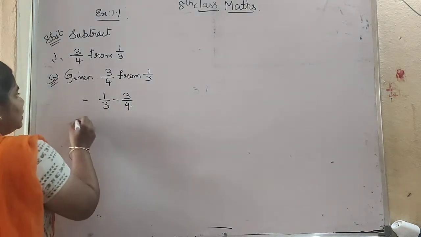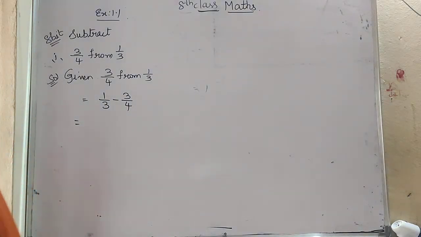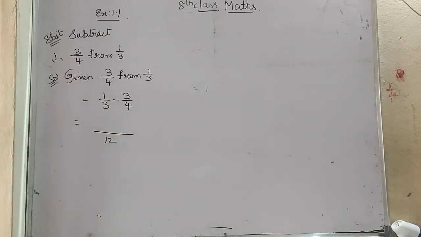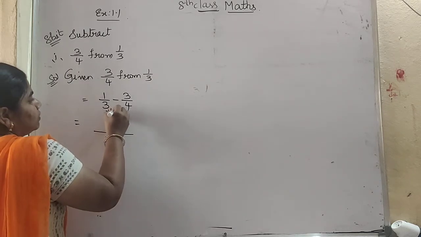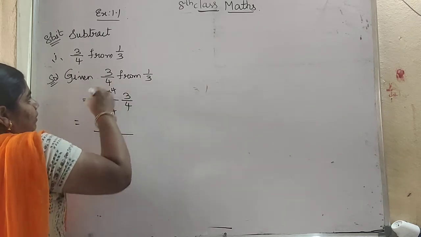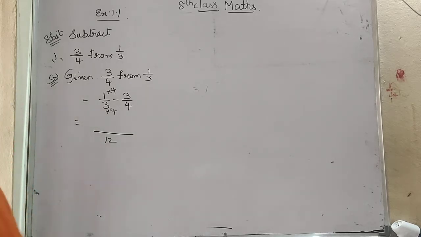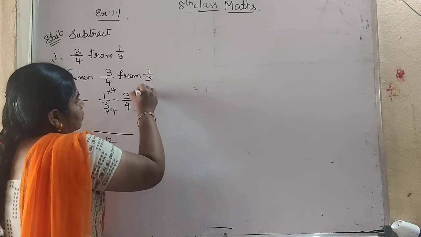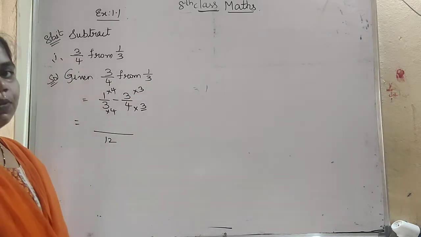Okay, so what is the LCM of 3 and 4? 3 and 4 LCM will be 12. For 3, how much will you multiply to get 12? That is 4 times. Same 4 we have to multiply in the numerator also. For 4, how much will you multiply to get 12? That is 3 times. Same 3 we have to multiply in the numerator also.